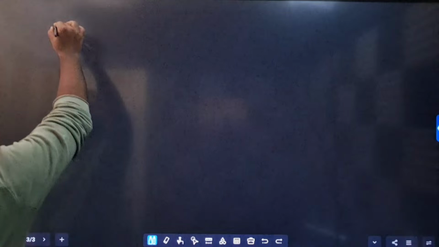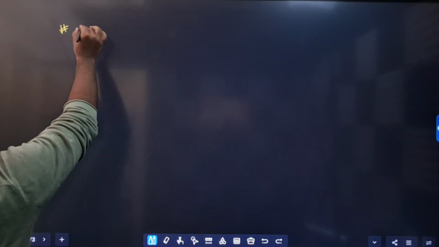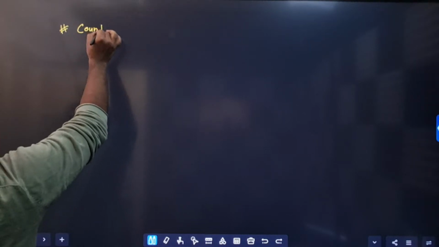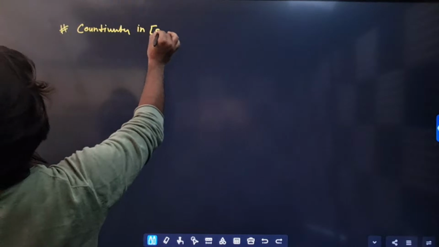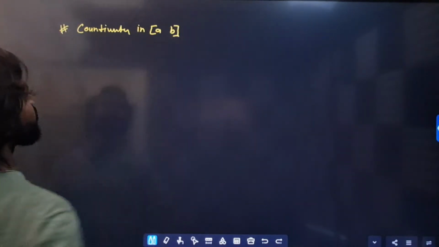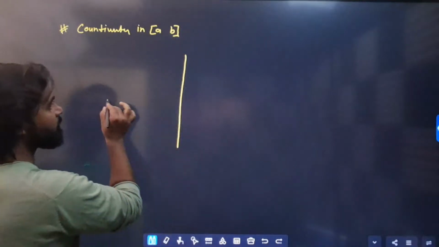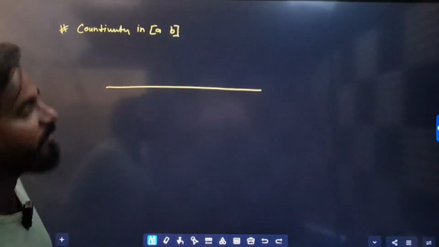Okay, now next point is continuity in closed interval.